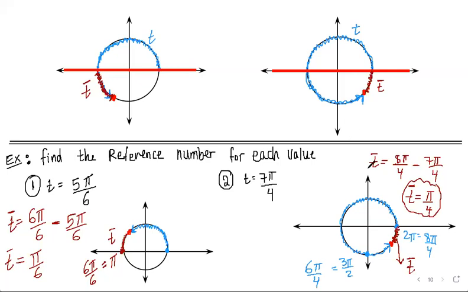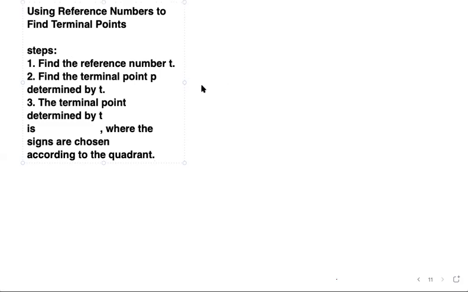Okay. Now, by using the reference number, we're going to find the terminal point. Here are the steps. Now I can find the terminal point by using the reference number.